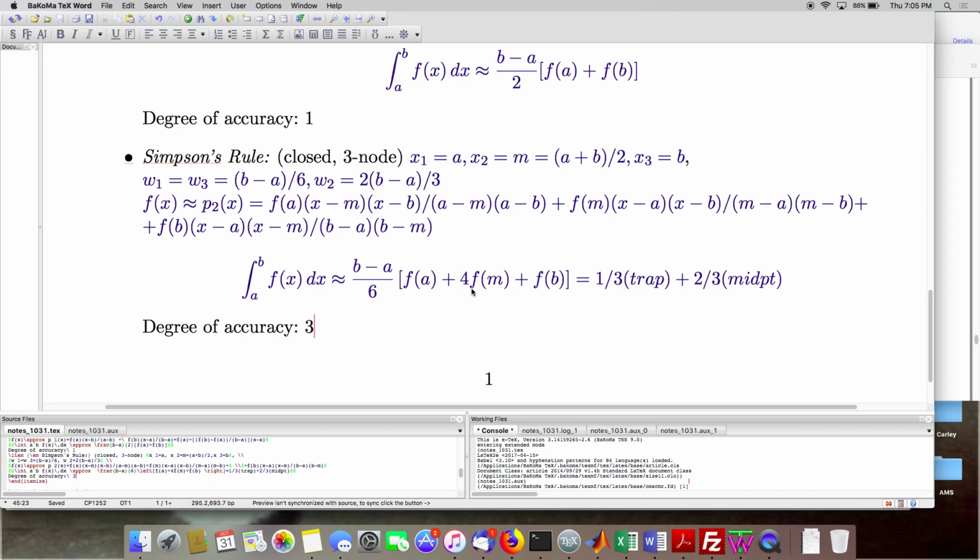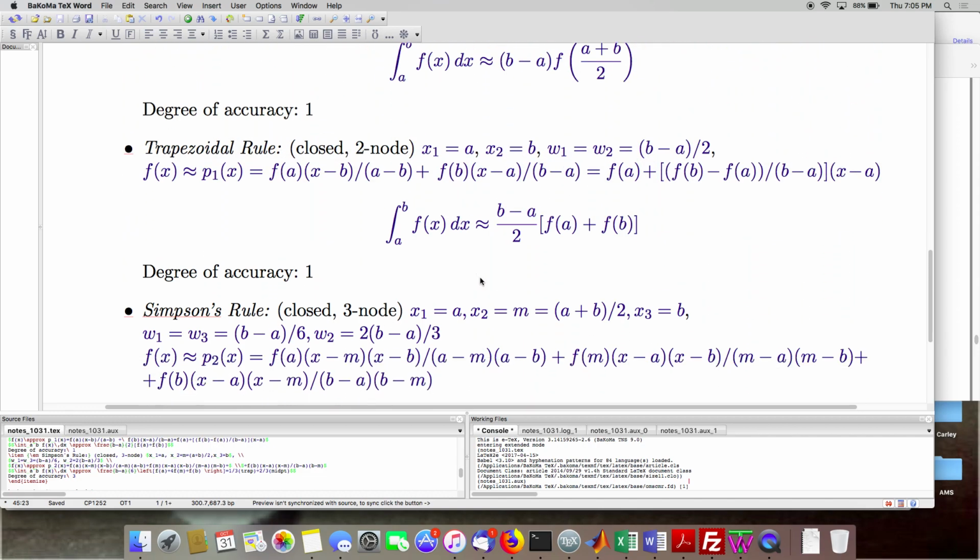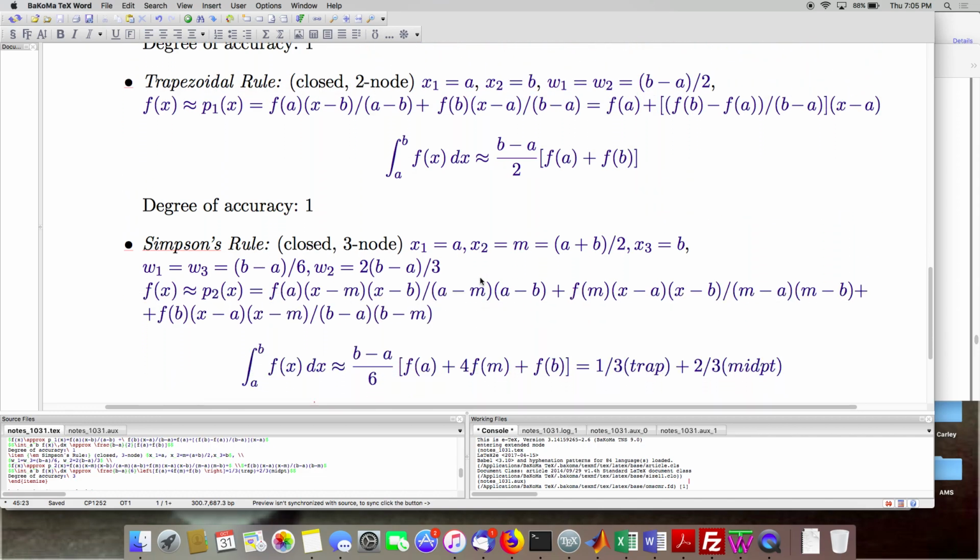Instead of 1, 4, 1 and b minus a over 6, you'd have b minus a over 4, and you'd have 1, 2, 1. So the midpoint would get less weight. It's also generally less accurate. Okay. Any more questions about these 3 rules?